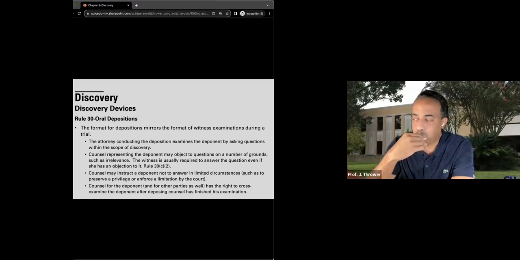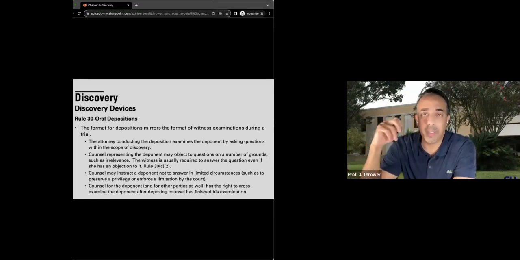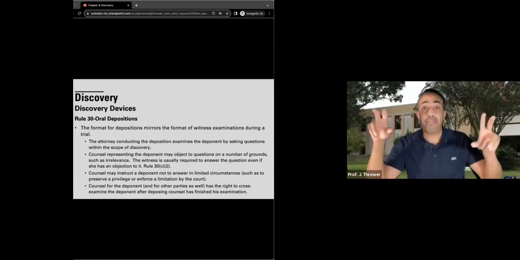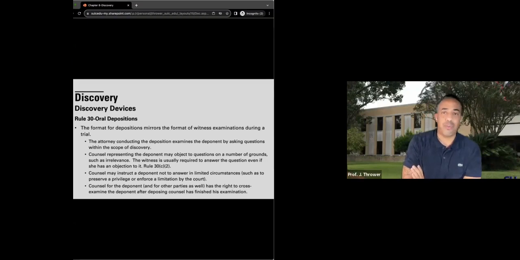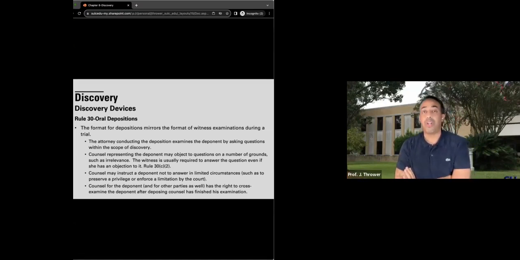The counsel who represents the deponent is known as the defending counsel or the defending representative. And this counsel may object to questions that are being asked by the deposing counsel on a number of grounds. So, for example, the information may not be relevant, right? And so they can object on grounds of relevance. They can object on other grounds, privilege grounds, etc.